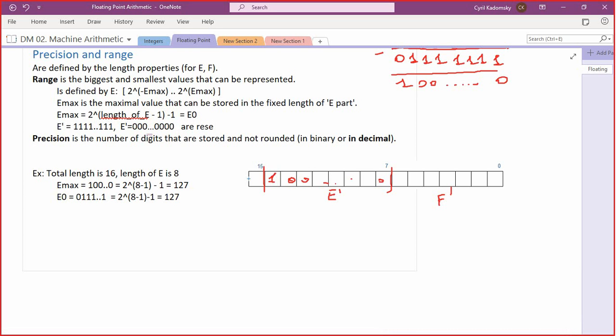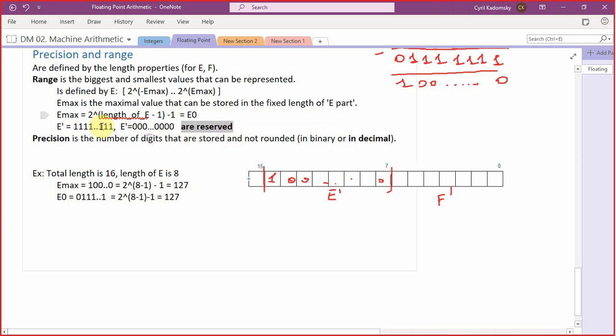This will become quite important a bit later. For now, it doesn't make a big difference. It just changes our range by a factor of 2, but it will be way more important afterwards.